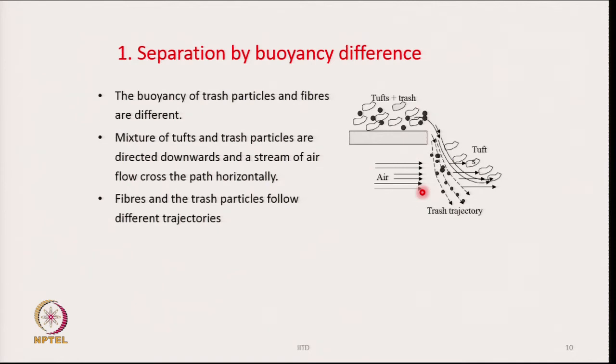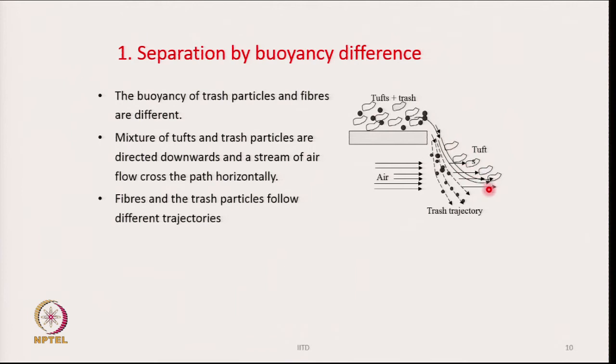What happens? The fibers and the trash particles follow different trajectories. The trajectory of the particles and the tufts are shown here. You see, the dark circles are representing the trash, and the hatched line is representing their trash trajectory, and the tufts are on the right hand side.